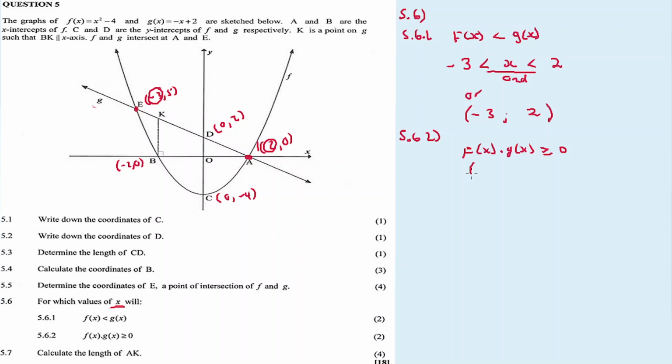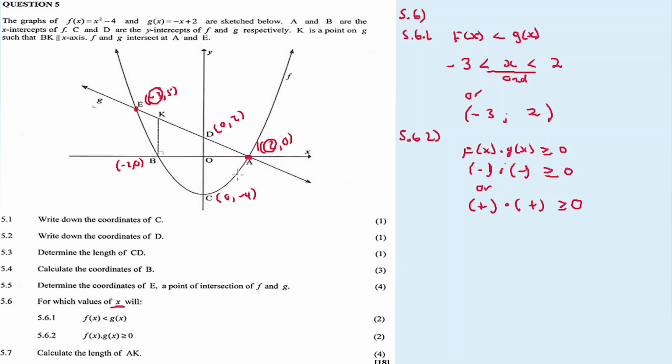Algebra tells us that whenever I multiply a negative value by another negative value I get a positive value, a value greater than 0. Or when I multiply a positive value by a positive value I get a value greater than 0. So I want parts of the graph where f of x and g of x are both negative or both positive.